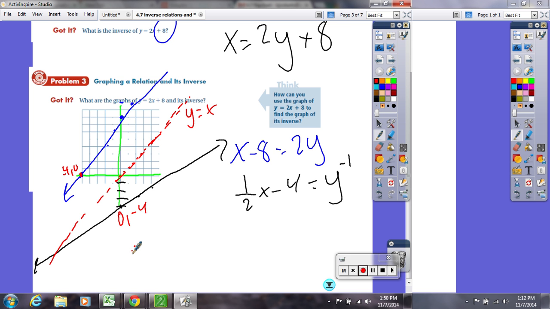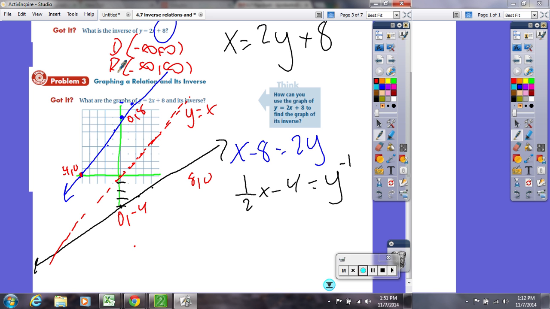Okay, so notice, look also here. This is 0, 8. And if I kept doing this, where would I cross over here? 8, 0. I would, because they're inverse to each other. Does that make sense? Everybody good with here? Notice, really quick, what was the domain of this guy? Negative infinity to infinity.